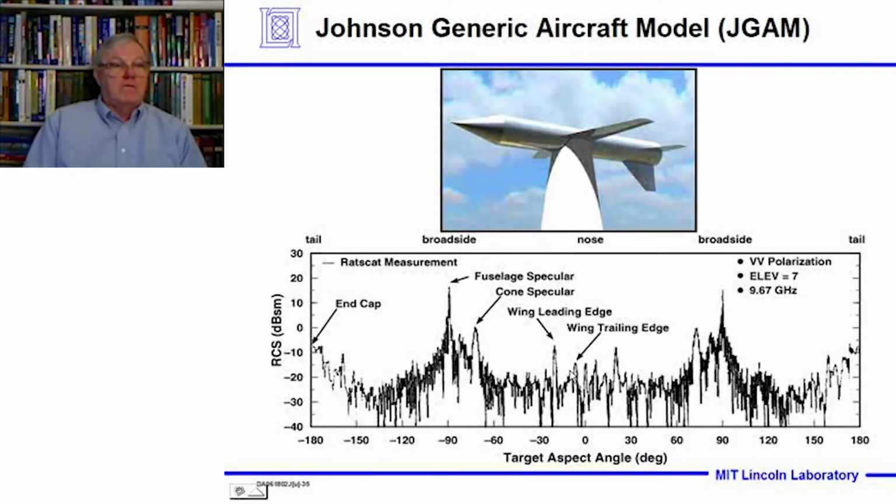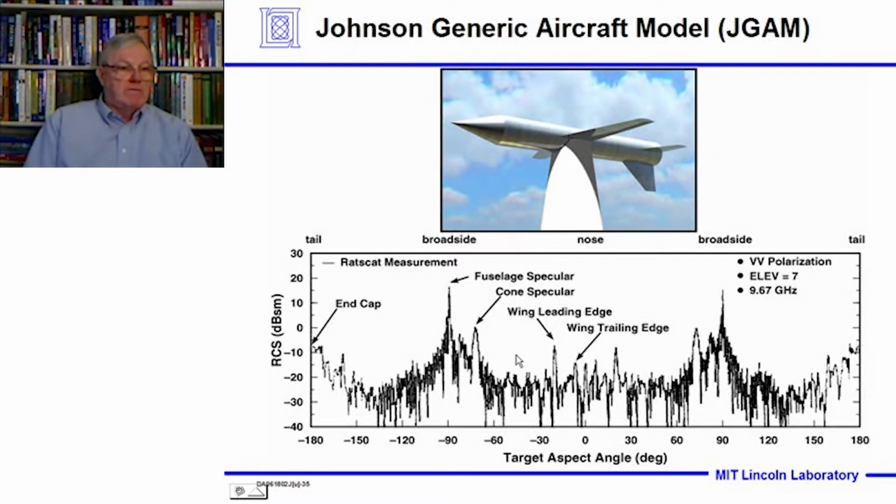And then as we move over in angle, then the leading edge, which is bent back a little bit more than the wing. This is the next most perpendicular, the wing leading edge.